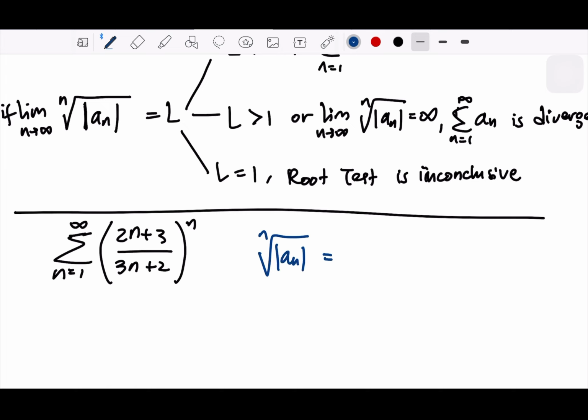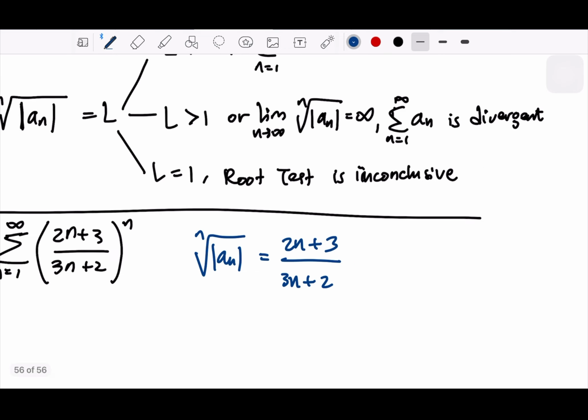So we now have 2n+3 over 3n+2, and then by using the limit concept, it turns out to be 2 over 3, which is less than 1.